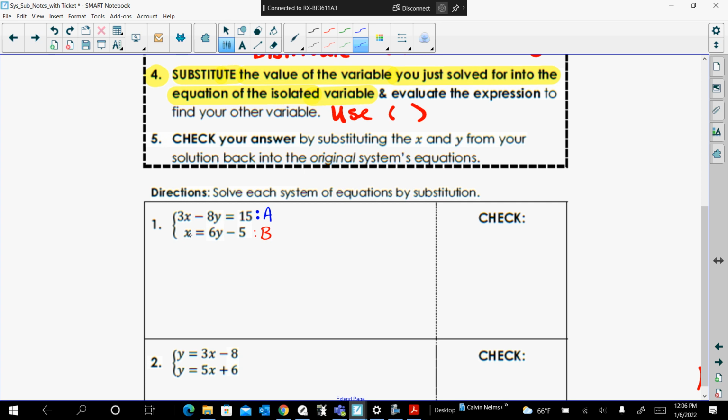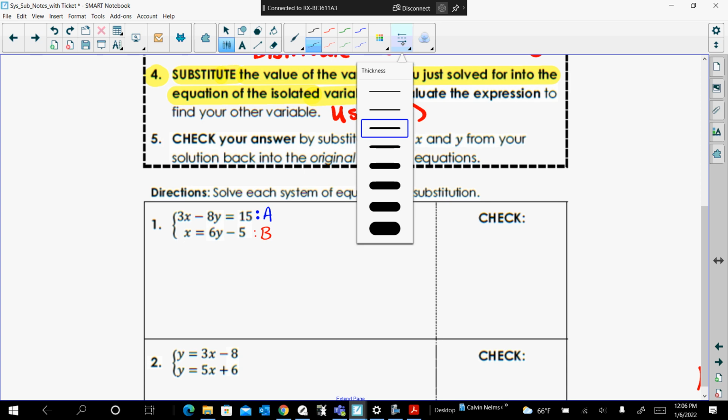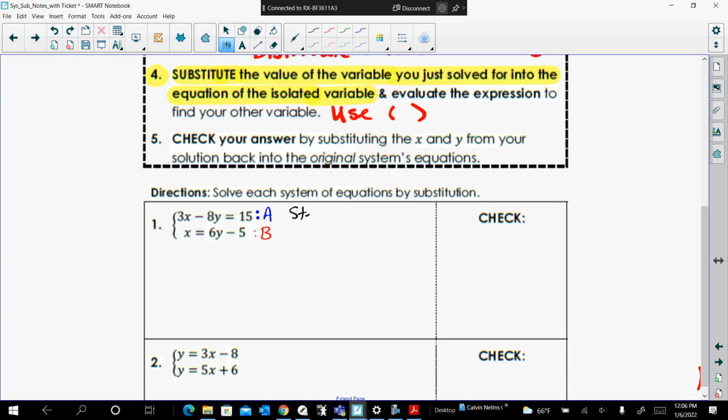So to do step 1, whenever you're isolating a variable, it has to look like x equals or y equals. Do we understand that now? Okay, so this is what you're doing.